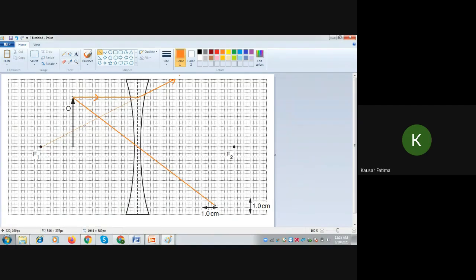This is your O. Now the point where these 2 rays meet, the image is formed. This one is real, but this one is not real. It means the image will appear at this point, and it will be a virtual image.